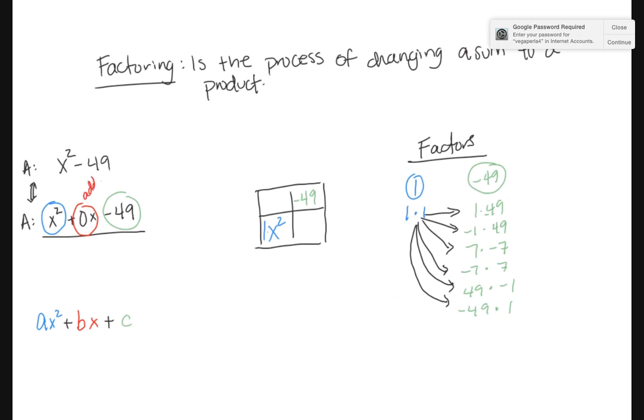It has to add up to 0, okay? So let's look at all these numbers. We have 1, negative 49, negative 1, 49, 7, negative 7, negative 7, 7, 49, negative 1, negative 49, and 1. Well, in this case, our factors 1 and 1 make it easy for us because anything multiplied times 1 is just itself. And so which of these will give me a sum when I add them? Which of these will give me a sum of 0?